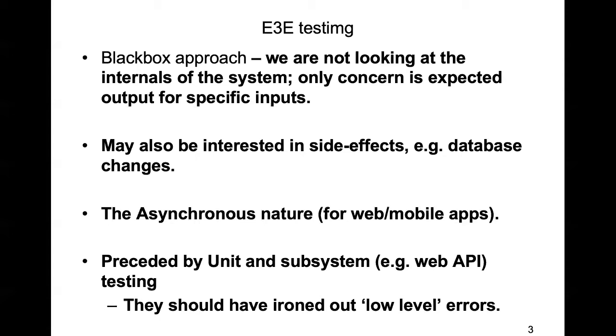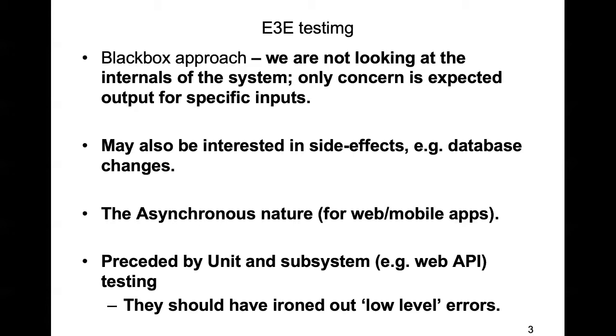All you're interested in is, if I provide certain inputs to the black box, does it give me the right outputs or the expected outputs as a result? Now, in terms of testing a web-based application, that means if the user interacts in a certain way with the browser, does the UI in the browser change accordingly?